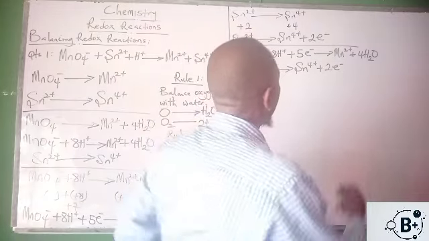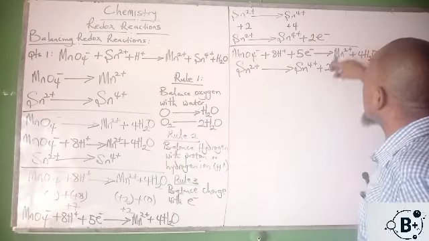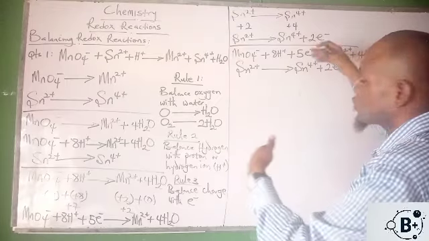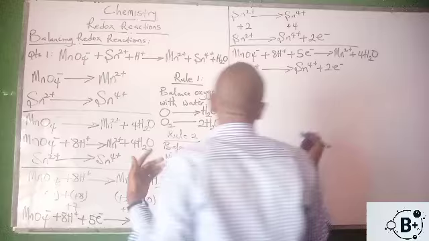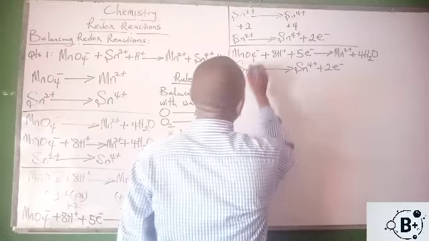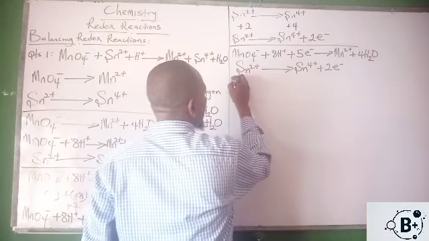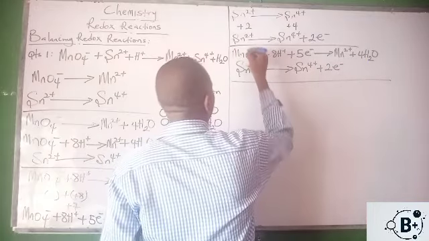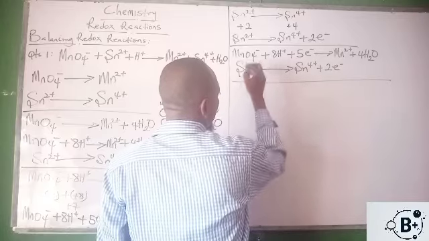On the reduction half, we multiply by 2, while on the oxidation half, we multiply by 5. Then we have to cancel the electrons out. So the next step is to multiply both sides, the top first, by 2. So 2 will multiply tetraoxomanganate 7.